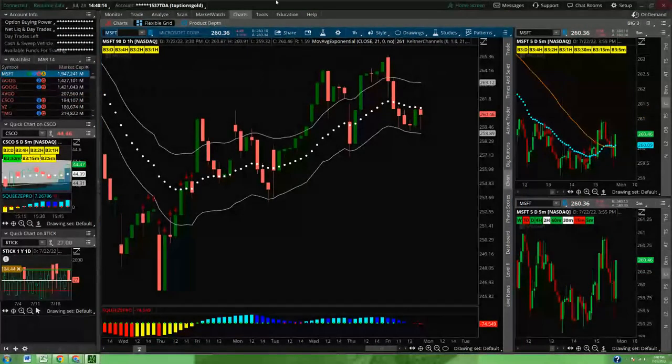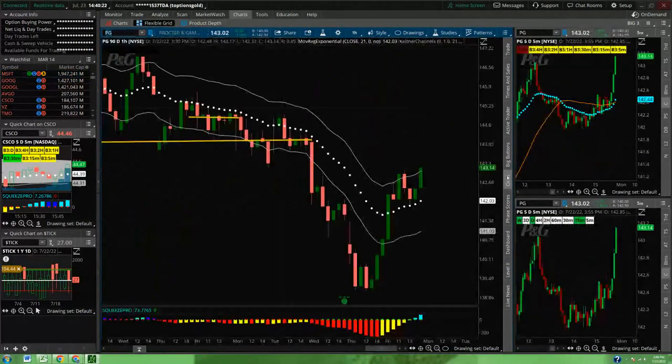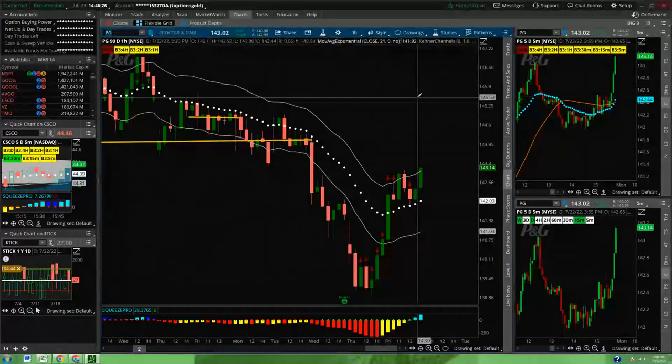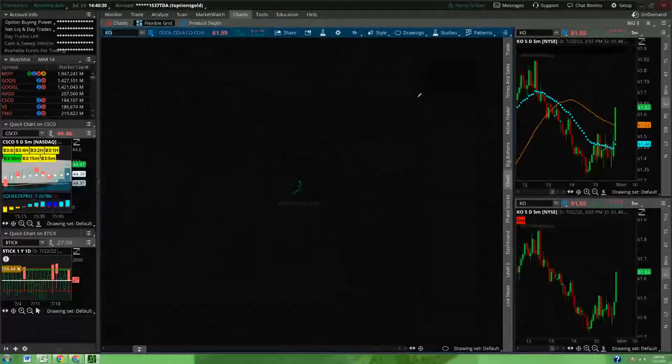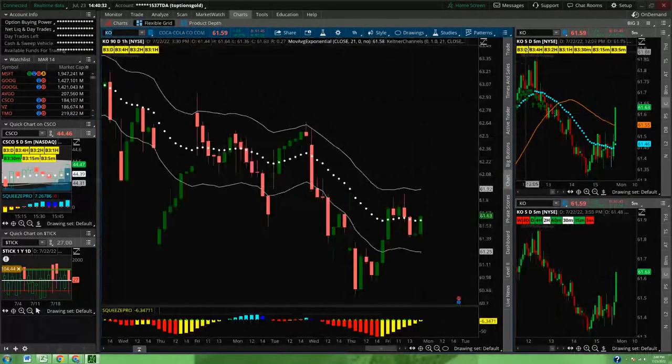No buy signals. Nothing to do on Microsoft. How about Procter & Gamble? Daily sell signal. So we wouldn't even look for a bullish trade here. Coca-Cola. Neutral. So nothing to do here.